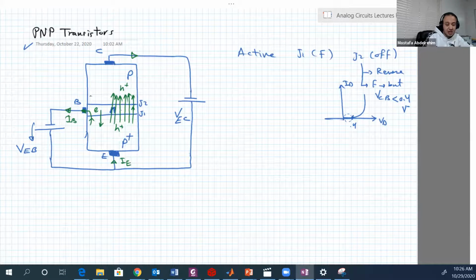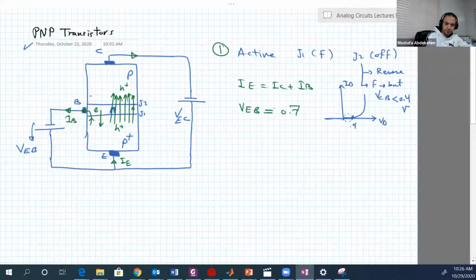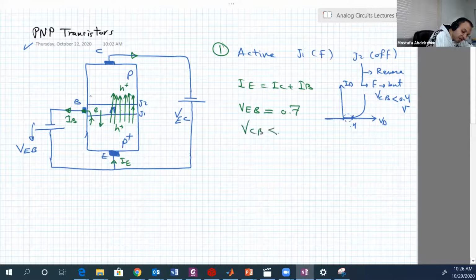But the relations are the same or similar. So here, for example, in any region, IE is always equal to IC plus IB. Let's start with active. In the active region, IE is equal to IC plus IB, VEB is 0.7, and VCB should be less than 0.4 volt.